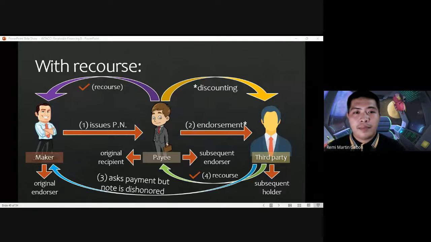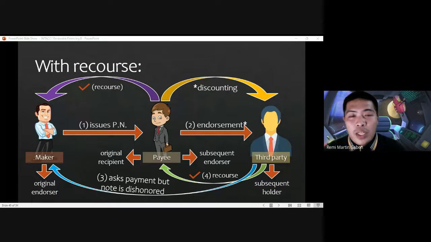Ulit. Si payee, diniscount niya yung promissory note. By conditional sale, si payee magre-recognize ng contingent obligation, mag-a-anticipate siya kagad. Sasabihin niya, sige, si third party baka hindi bayaran ni maker. Si maker kasi baka i-dishonor niya ang promissory note upon maturity date.